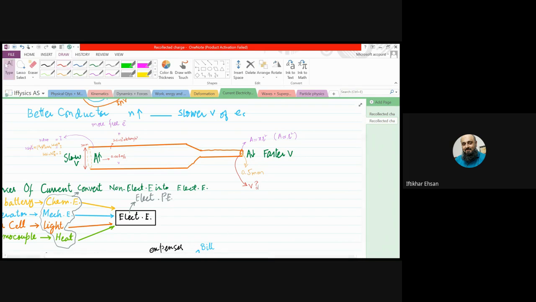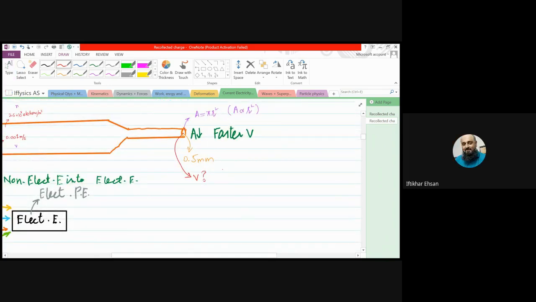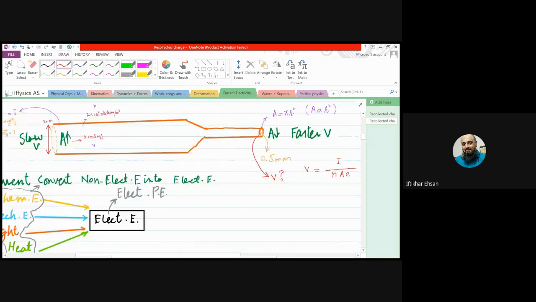Are you there? Calculating now. You will use the same formula, I is equal to nAve. So v is equal to I over nAe. The current in the same wire is same.